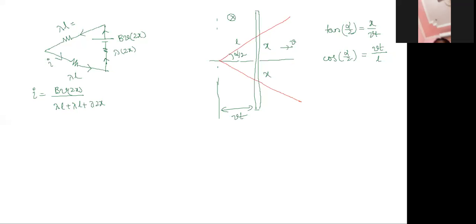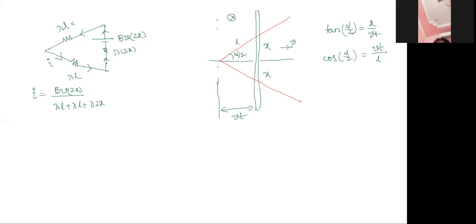Find the speed of the rod as a function of its displacement. Lambda is the resistance per unit length.